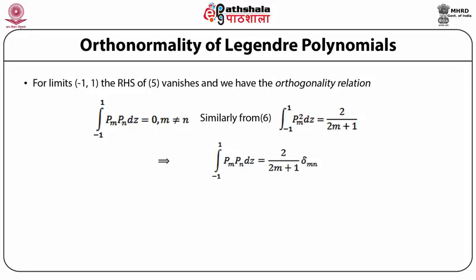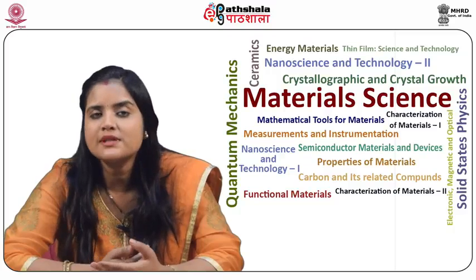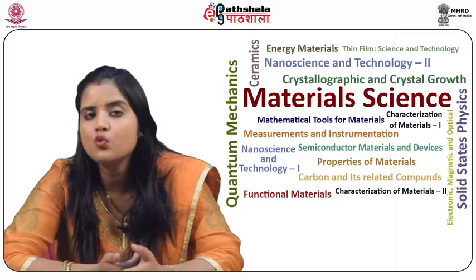The two relations can be written together by introducing the Kronecker delta, represented as the definite integral over z going from the limits minus 1 to 1 of Pm Pn is equal to 2 by 2m plus 1 into delta mn. Legendre polynomials form an orthogonal set over the interval z lying between minus 1 to 1.